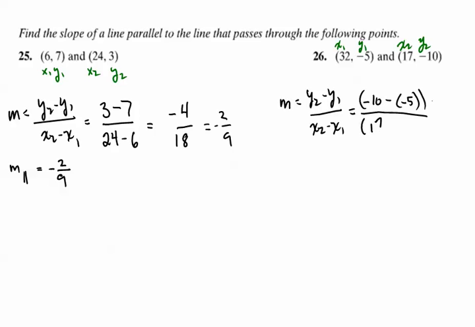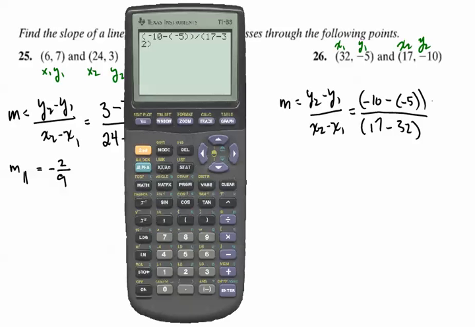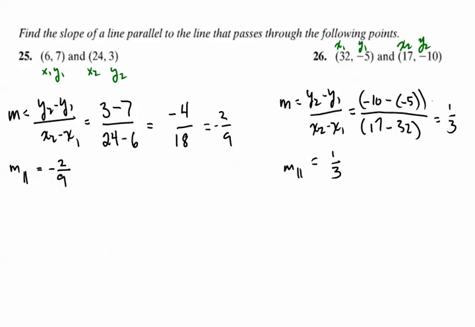Denominator, 17 minus 32, close parentheses. When I put that into the calculator, I have my whole numerator wrapped in parentheses, negative 10 minus parentheses, negative 5, close parentheses, divided by open parentheses, 17 minus 32. I can go directly to math, 1, and then enter, and I get a fraction of 1/3. And that means any line that's parallel to that line will also have a slope of 1/3.